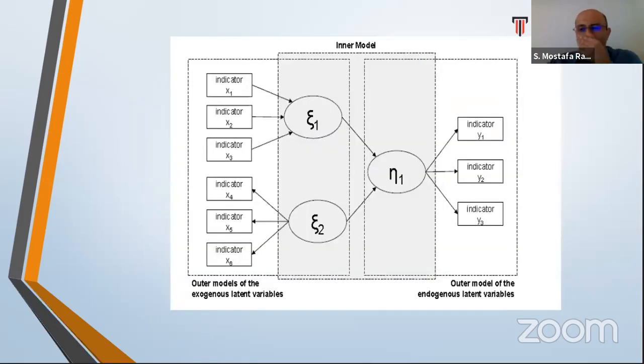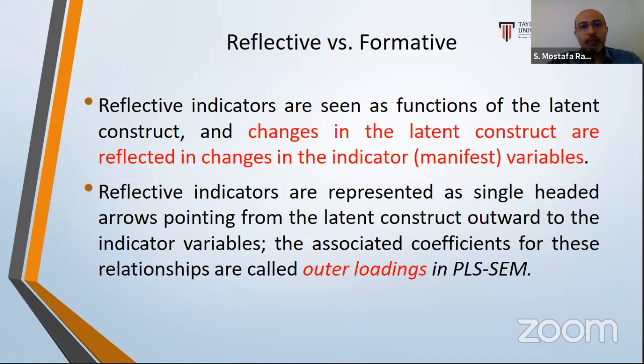So these are a few concepts that we use in SEM. For the measurement model, one very important concept is formative and reflective measurement models. Formative and reflective measurement models are part of measurement theory. That is how we actually measure our construct.